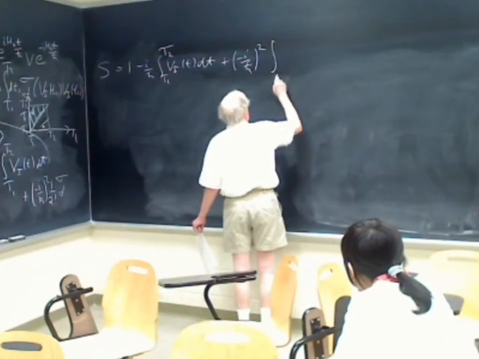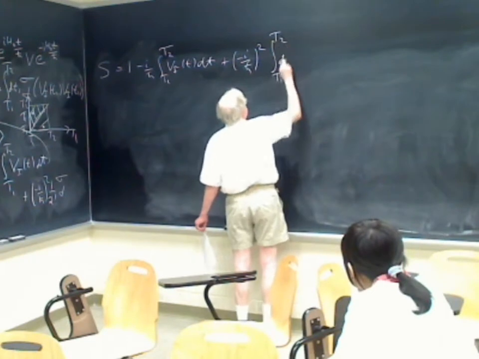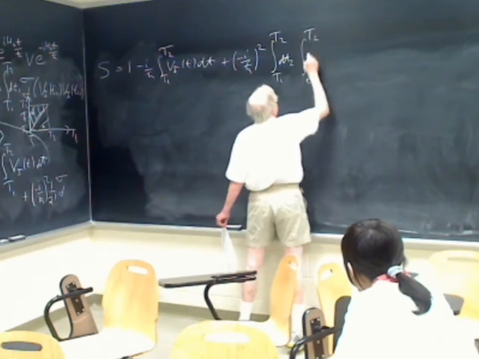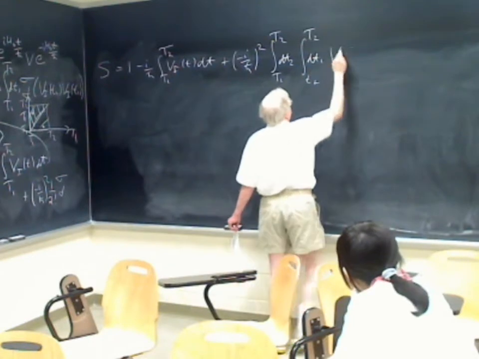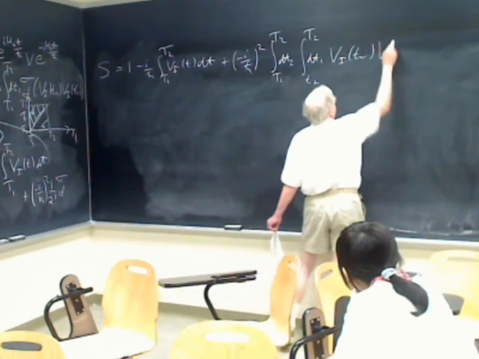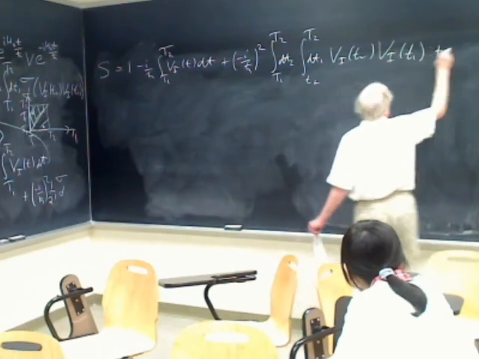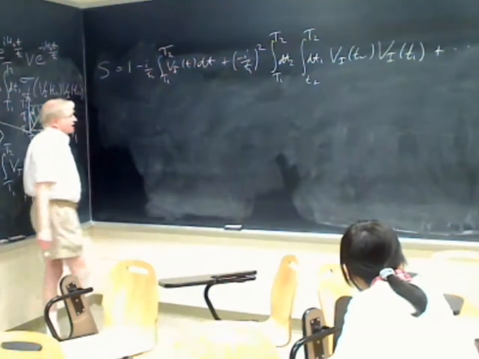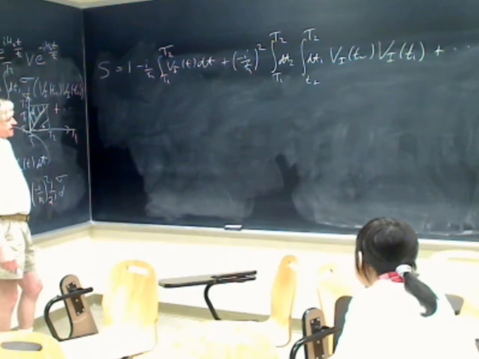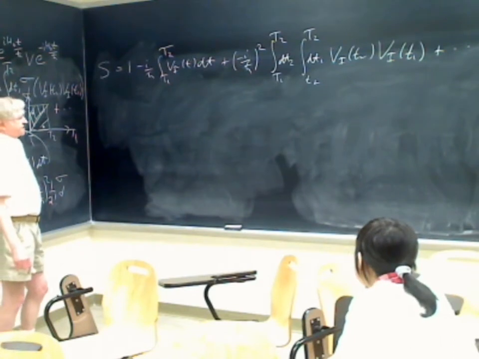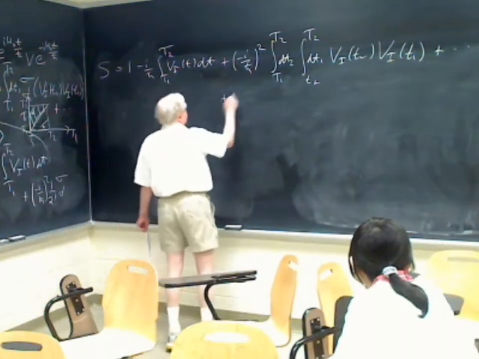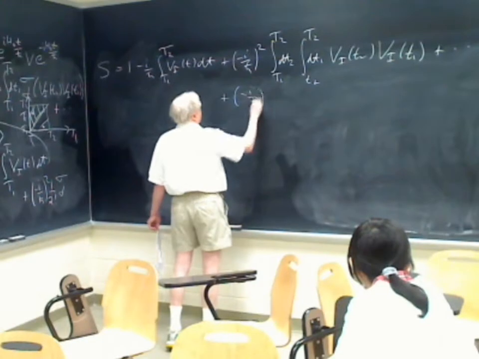Now we have an integral T1 to T2 dt2, integral from T1 to T2 dt1, V_I of t2 V_I of t1, plus higher terms. Okay, so that's the S operator in this case. And then you can go on. The next term obviously is plus minus i over h bar cubed.